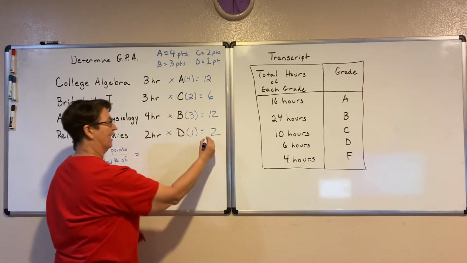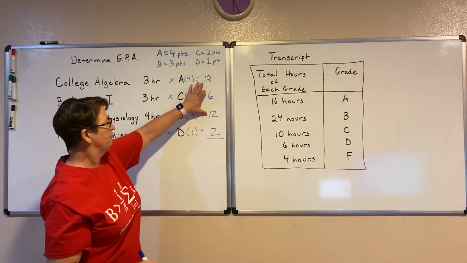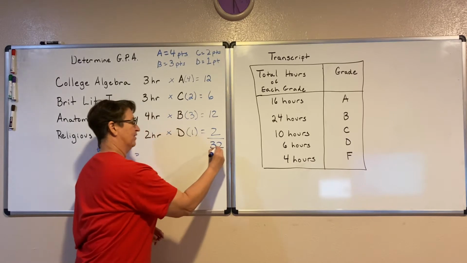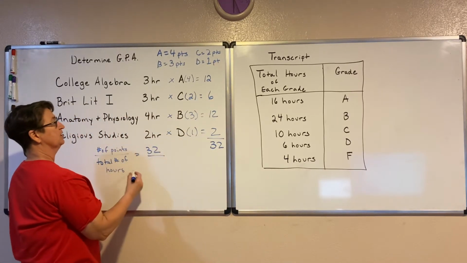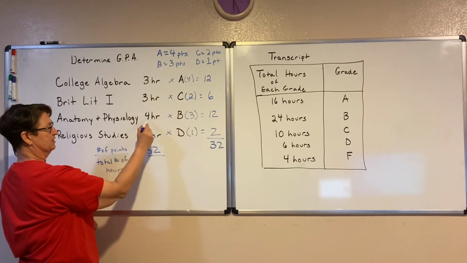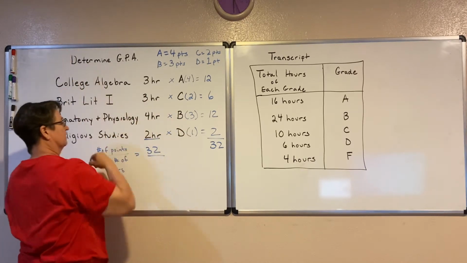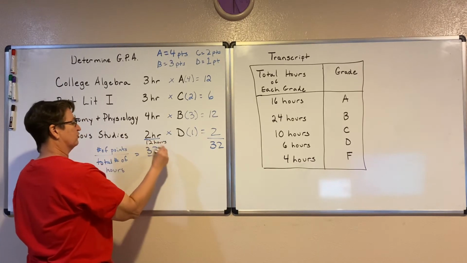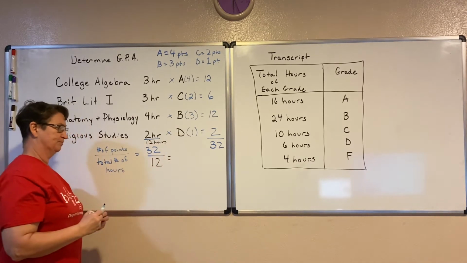Here, add this up, and we get 18, well this is 24, that's 32. That's going to be the numerator of my fraction. And here I have 6, 10, 11, 12 hours. This is 12 hours. That 12 is going to be in the denominator of my fraction.